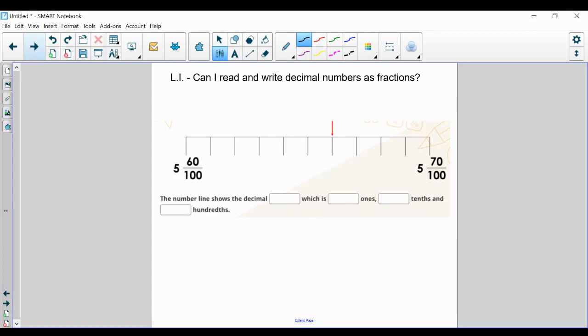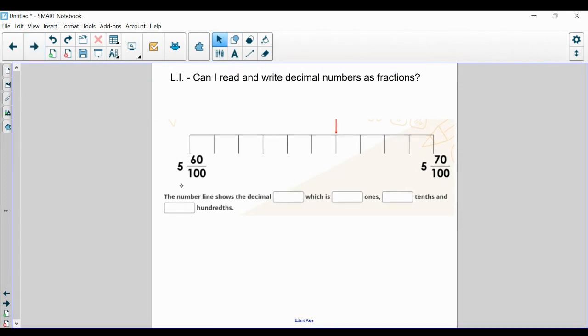Okay, next one is looking at a number line, and we have to decide what is the arrow pointing at. So again, pause the video there now. Think about where is the red arrow pointing at, and how would you write that as a decimal number? Okay, so we've got 5 and 60 tenths.